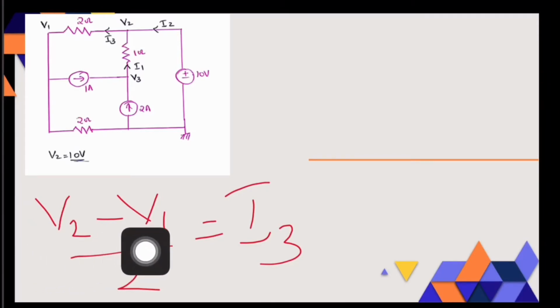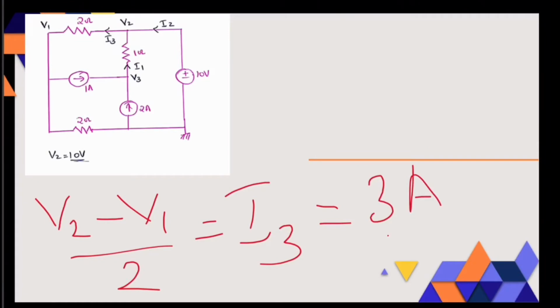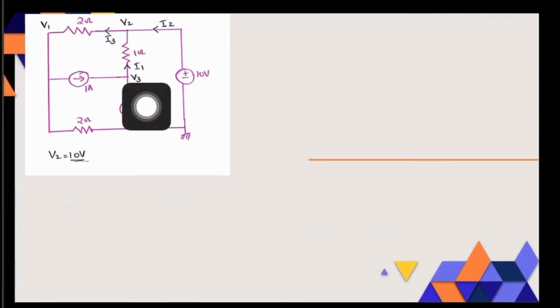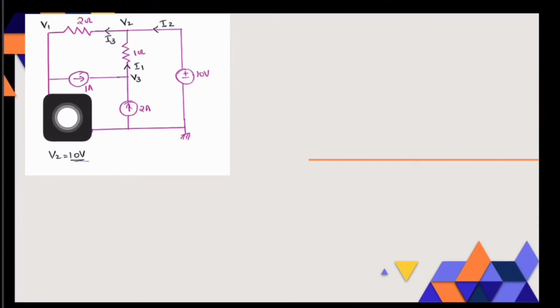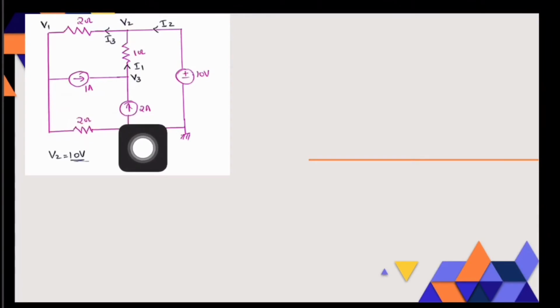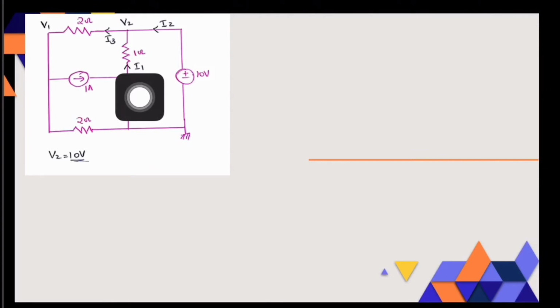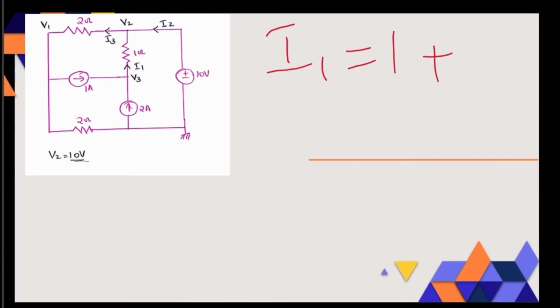By substituting these values, we get the value of I3 as 3 amperes. Got it? Next we are going to write KCL at V3. At V3 we have 2 incoming currents 1 ampere, 2 ampere and 1 outgoing current I1. Hence we can write I1 is equal to 1 plus 2, that is 3 amperes.